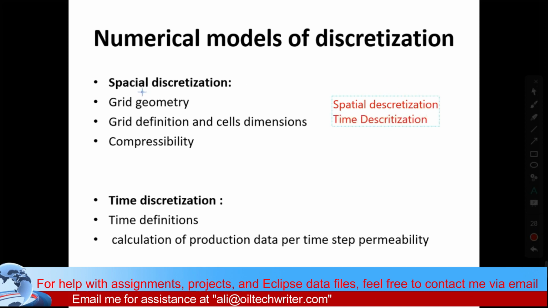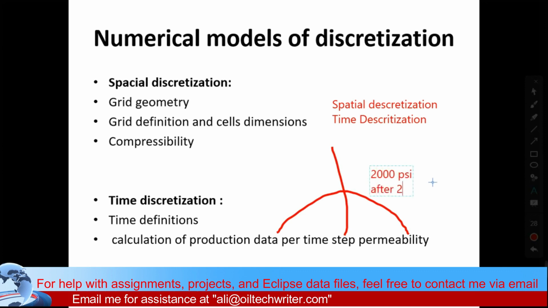We have to define the geometry of the reservoir, the cell dimensions, how big or small the cells are, and the compressibility. Here we base it on time because, for example, you are producing from a well. Initially the pressure right now may be 2000 psi, but after 2 years the pressure becomes 1000 psi.